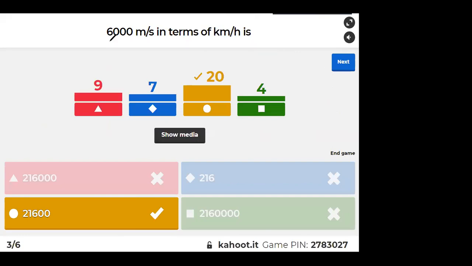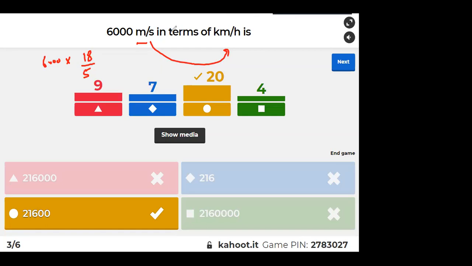So same thing. You have to convert meter per second into kilometer per hour, right? So if you have to convert meter per second into kilometer per hour, you have to multiply by 18 by 5. Tell me, 6,000 into 18 by 5. Yes or no?